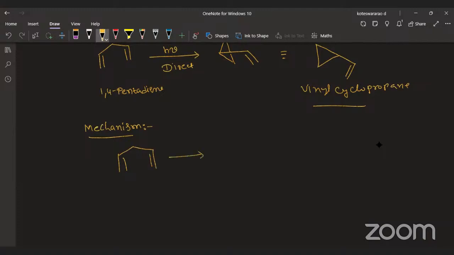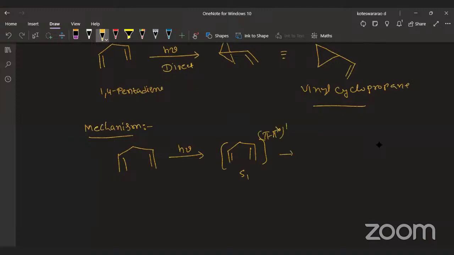Whenever we irradiate with light, direct irradiation gives only the singlet first excited state, not the triplet excited state. That singlet S1 state is generated, a pi to pi star singlet state.